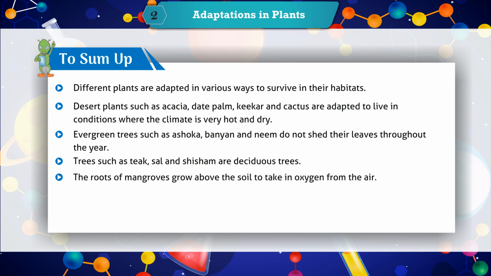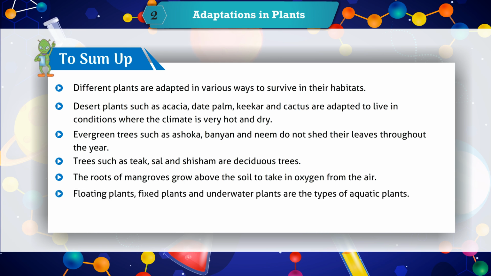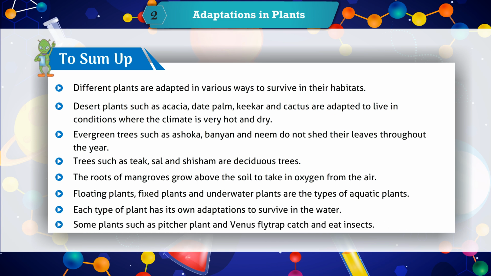The roots of mangroves grow above the soil to take in oxygen from the air. Floating plants, fixed plants, and underwater plants are the types of aquatic plants. Each type of plant has its own adaptations to survive in the water. Some plants, such as pitcher plant and Venus flytrap, catch and eat insects.